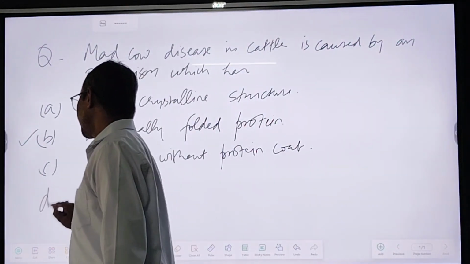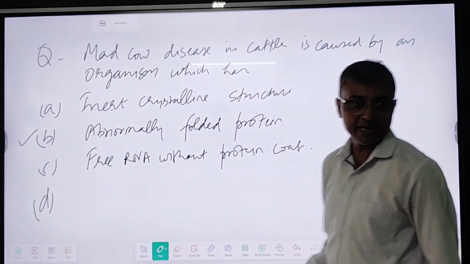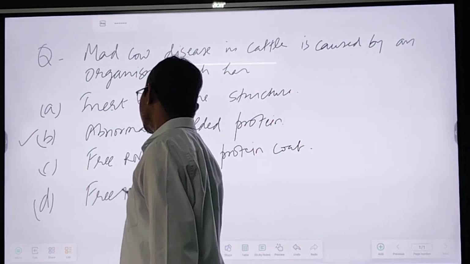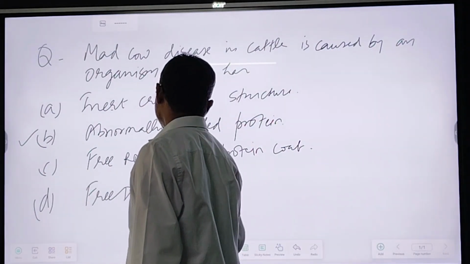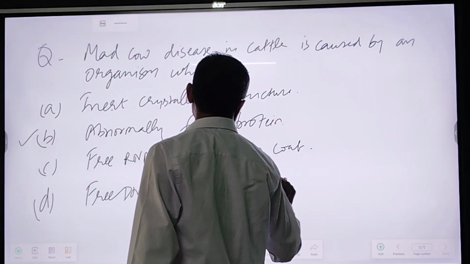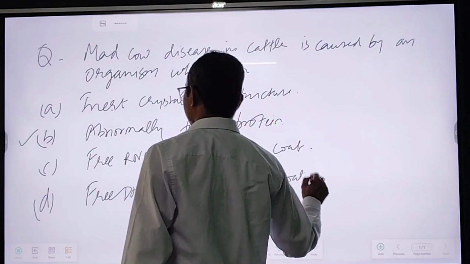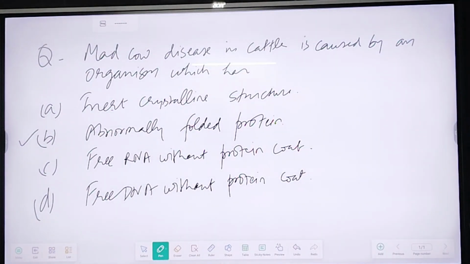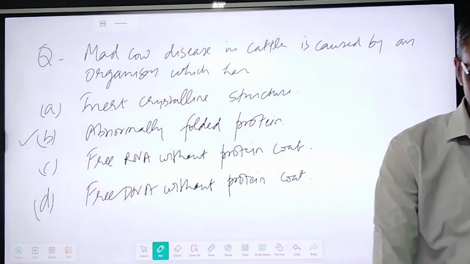So this is incorrect. And option D is free DNA without protein code. So this is not possible. So our option is what? That is the option B.